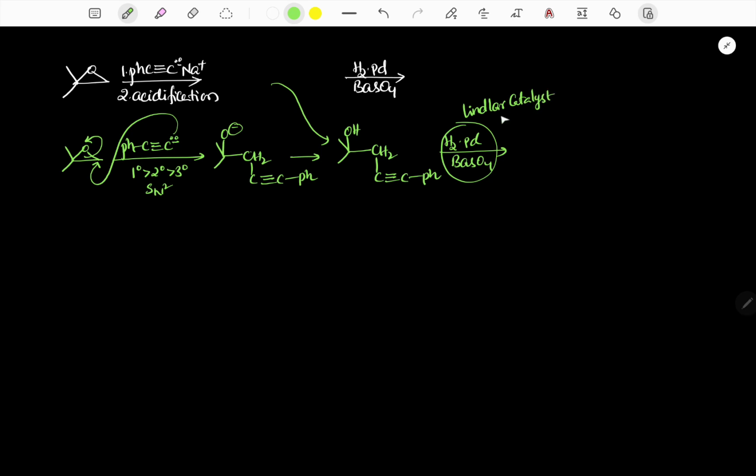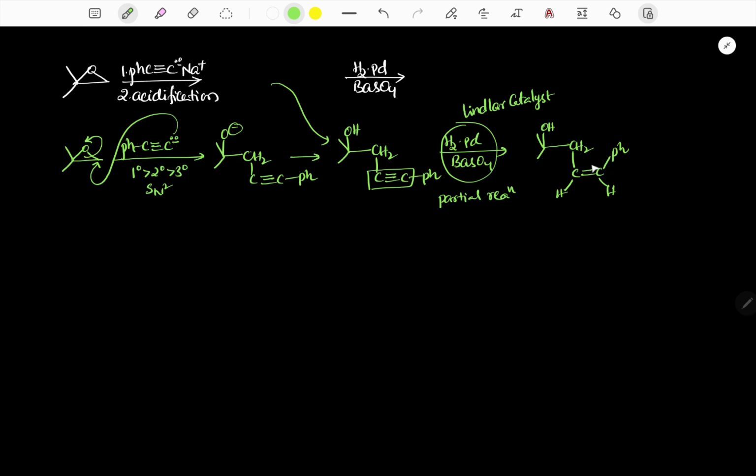Lindlar catalyst with alcohol, no reaction, but with alkyne, partial reduction. Therefore, the corresponding partially reduced product is a cis-alkene. So it gives the corresponding cis-alkene.